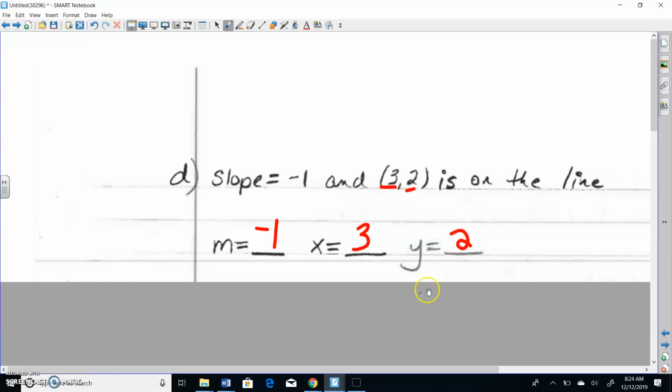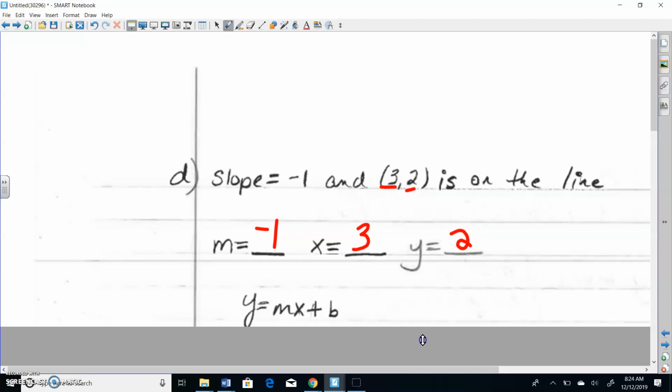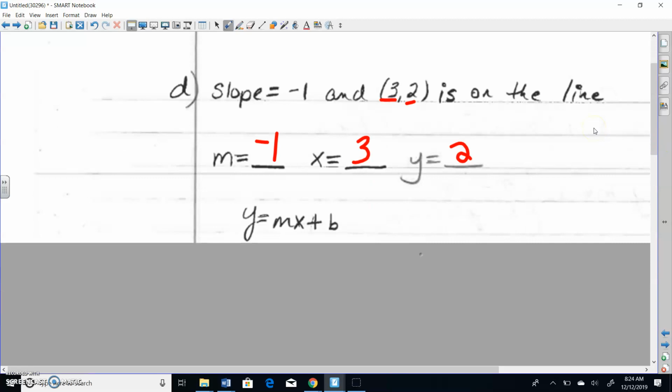So we're going to use those 3 values in this equation to help us solve for b, so that we can rewrite it. Where I see y, I'm going to put what number? 2 equals, where I see m, I'm going to use -1. Where I see x, I'm going to use 3. I don't know what the value of b is, that's why I'm plugging these things in so that I can find it.